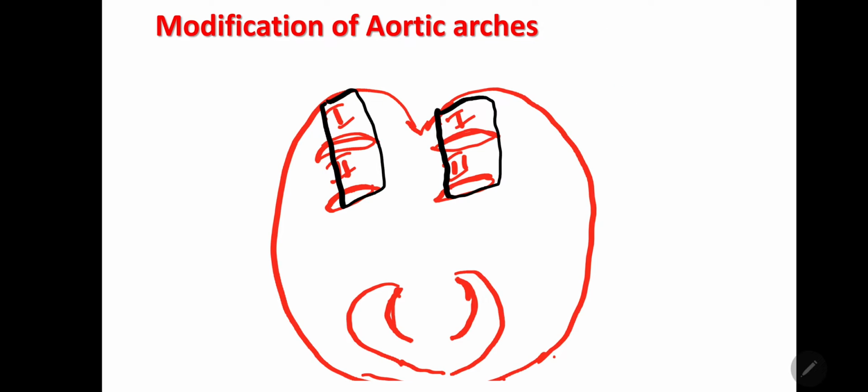Then there is development of the third aortic arch, which is now like this. So this portion is divided now. The third aortic arch. Are you following? The third aortic arch is formed.